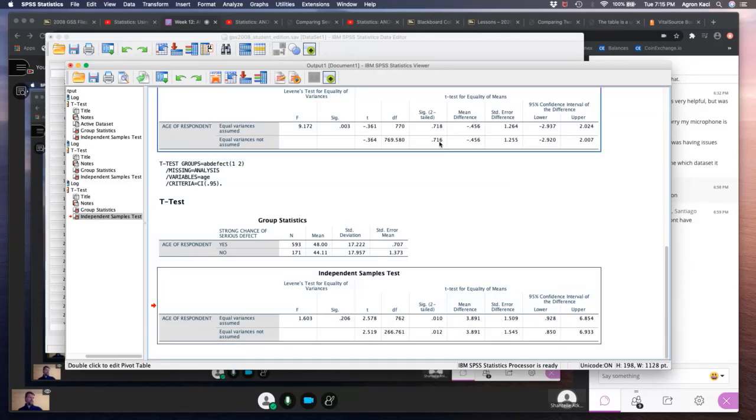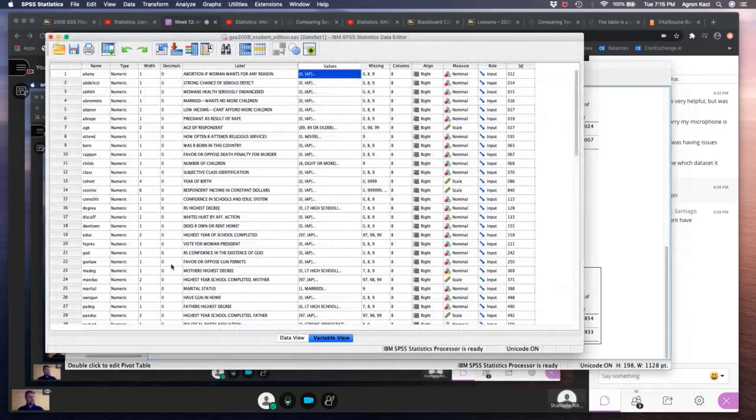And by the way, up here, we looked at 0.716 because this p-value for Levene's test shows that there are no unequal variances. So that's the bottom number. Here is the top number because this significance of the Levene's test is large, greater than 0.05. All right, so you can play around with this.